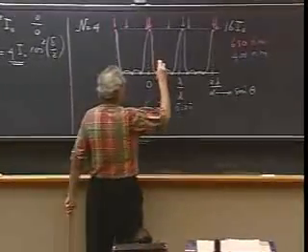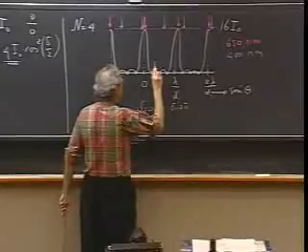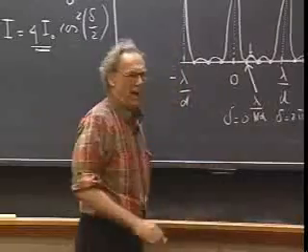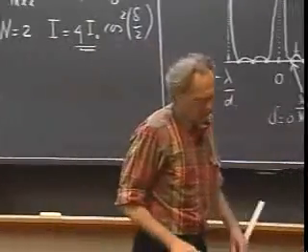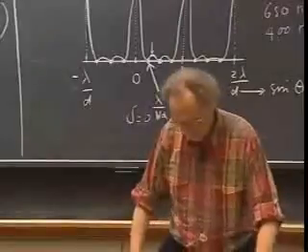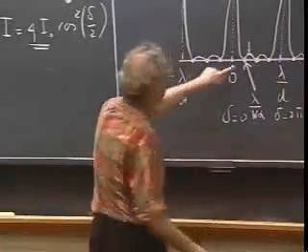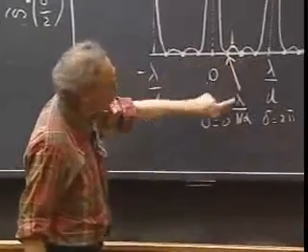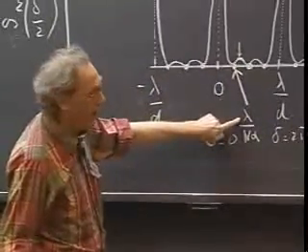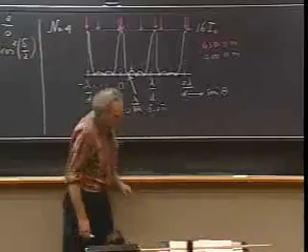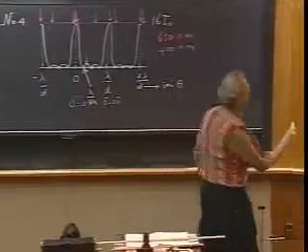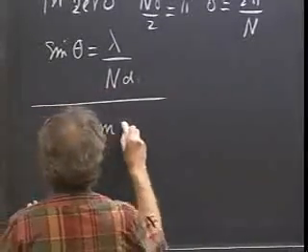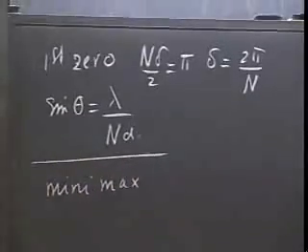You may be interested in what the light intensity is of this little mini-maxima. Well, that is very easy to calculate. If we know that the sine of theta here is lambda divided by nd, and we know that here it is twice that much, then all I have to ask that equation is, what is your light intensity at the first mini-maxima right here?